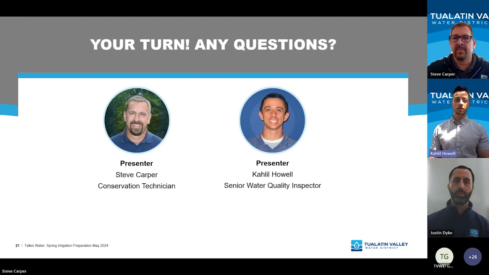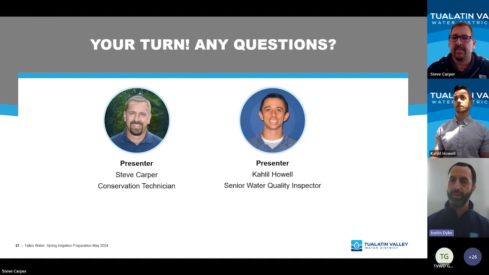And then from those customers, we assign to our contracted testers who complete the testing between March and September. And if you have multiple assemblies, it is $35 per backflow assembly. And so you'll never exchange money with the tester. It is all just done automatically on the water bill.